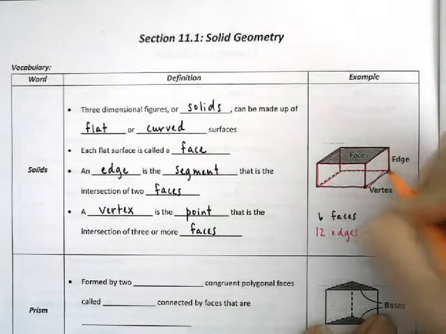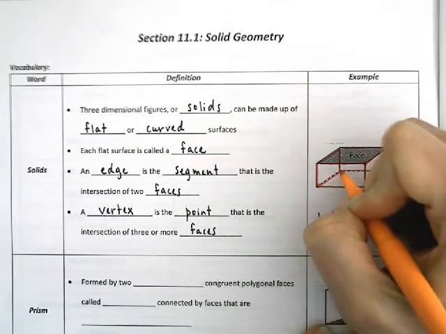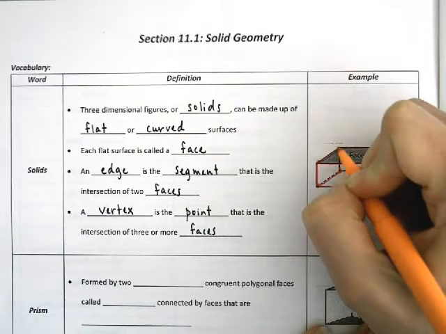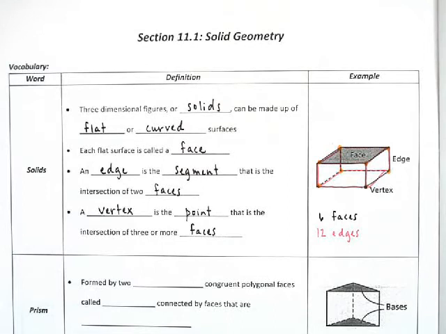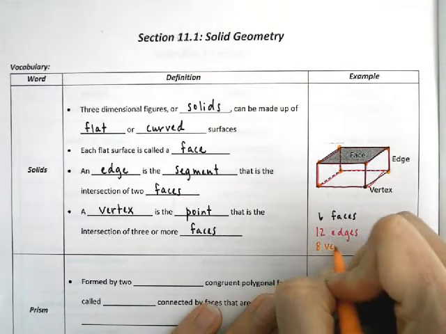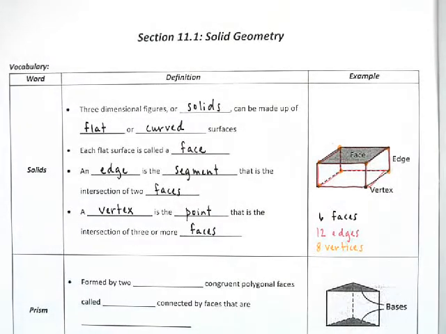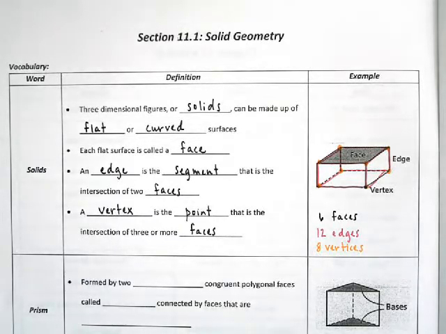So I have 1, 2, 3, 4, 5, 6, 7, and 8. So 8 vertices in that case. Now we're not going to be asking you to count these up, but it's just important that you can recognize the vocabulary and know what it means. So that's the basic vocabulary we'll be using when we talk about solids.